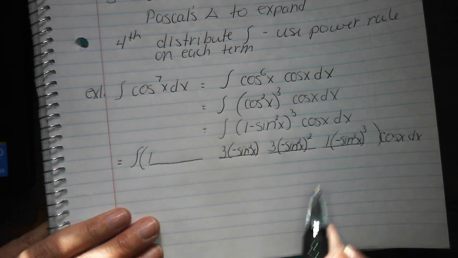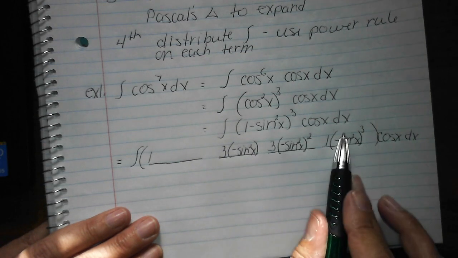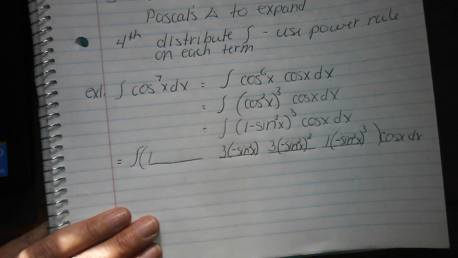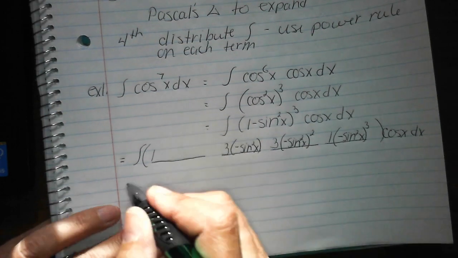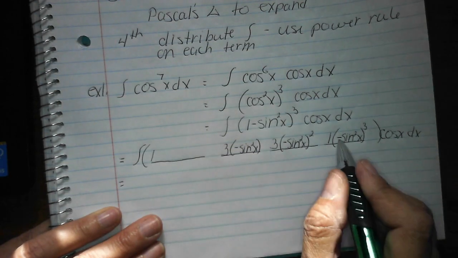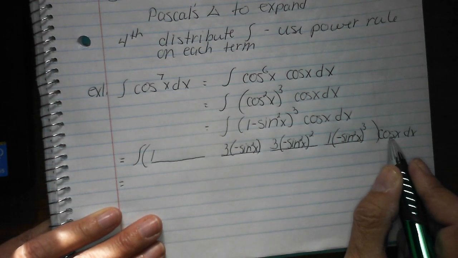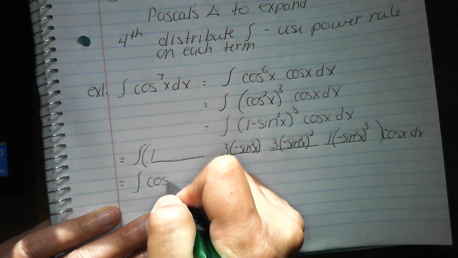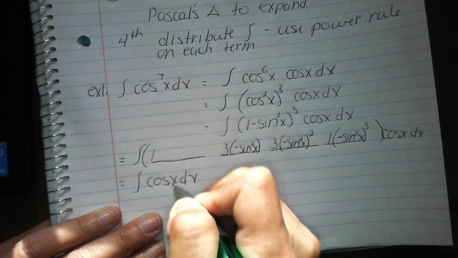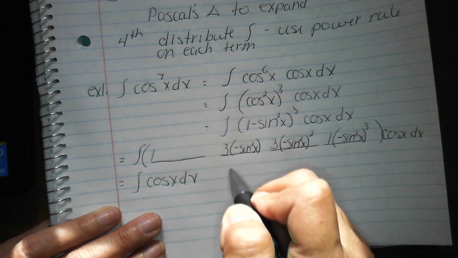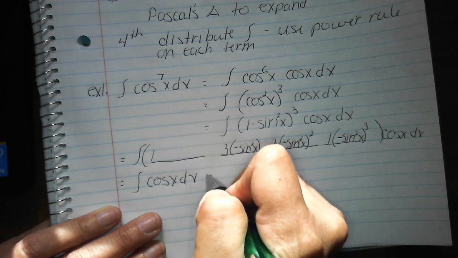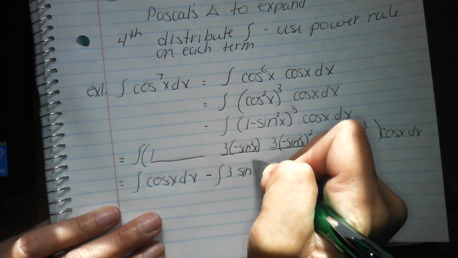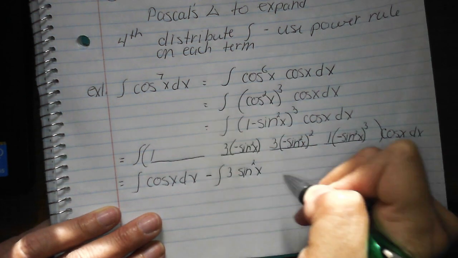So what I want to do now is do all of the simplifying and distribute this cosine to all 4 terms and distribute the integral to all 4 terms. So we're going to break this apart into 4 integrals with cosine on all of them. So our first integral is just going to be cosine x. Doable. This next one is going to be a minus 3 sine squared and a cosine.